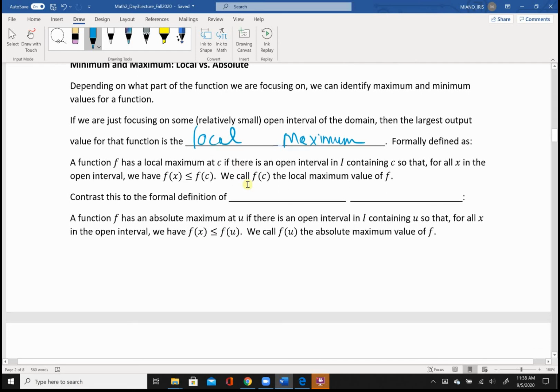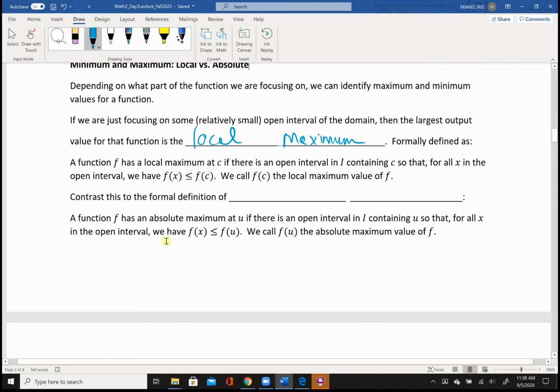If you want to see the formal definition, look starting right here, which reads as follows: a function f has a local maximum at c if there's an open interval I containing c such that for all x in that open interval, your outputs are the maximum at that c value, and all of the other outputs are less than that. Then you would call f of c a local maximum.